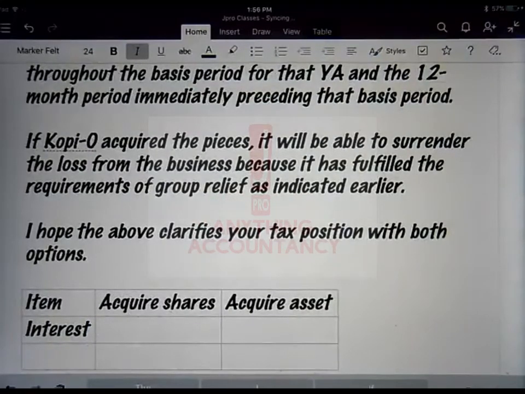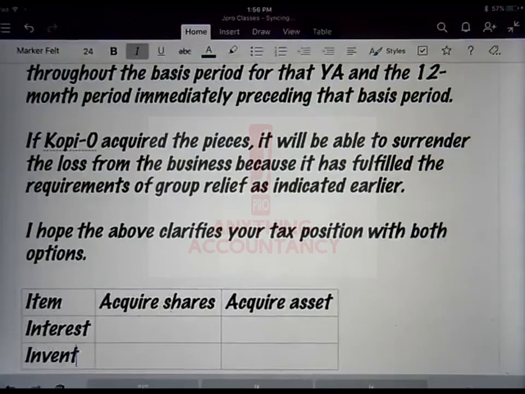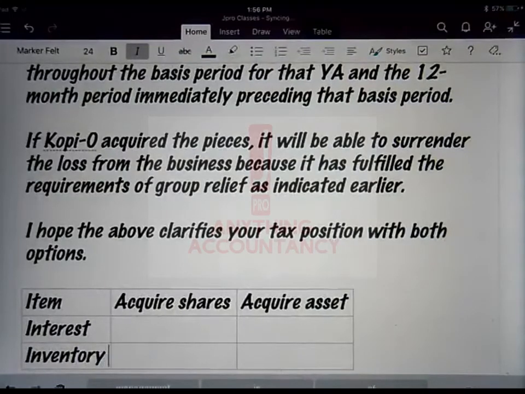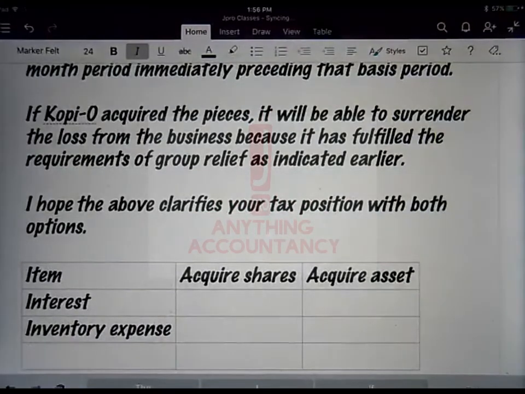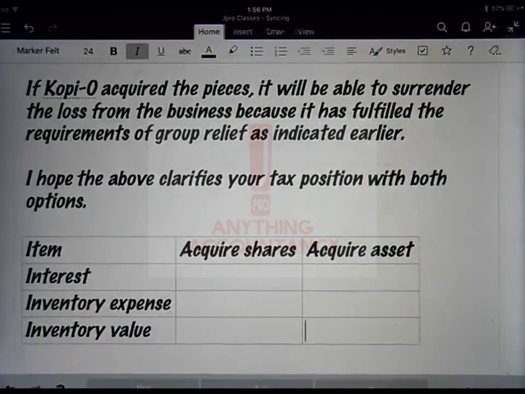Second one is what? Inventory access, inventory value.